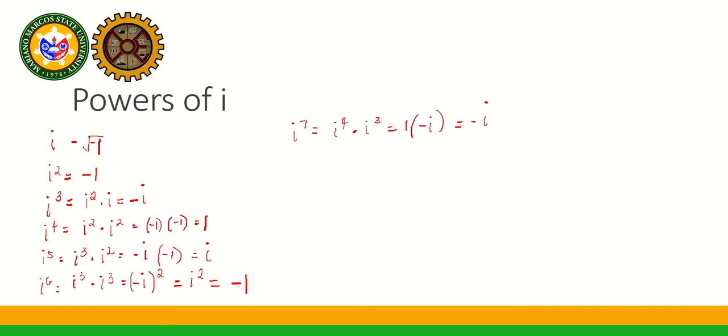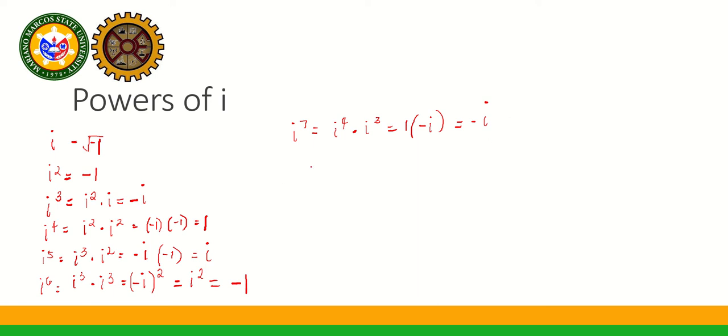So if you look at the results, magkakaroon tayo ng pattern. From negative i, this is i, diba? So from i to 1, i, negative 1, negative i, 1, i, negative 1, negative i. So, from the pattern dito, parang ang susunod na result will be 1.